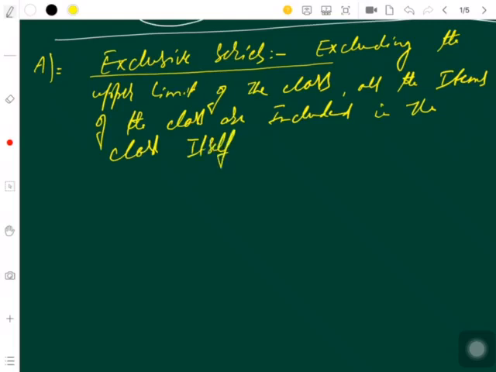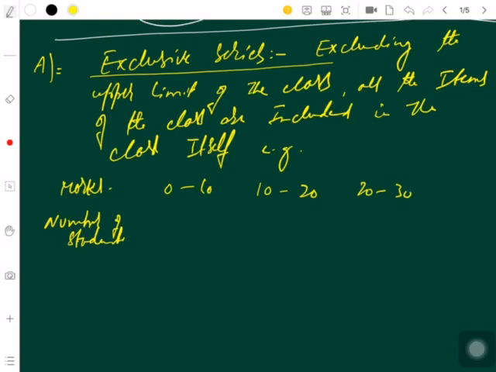When we are now talking about upper limit, lower limit, class, now you are able to understand what I am talking about. For example, let us say marks, number of students. Our marks are 0 to 10, 10 to 20, 20 to 30. These are classes with some class intervals, midpoints.